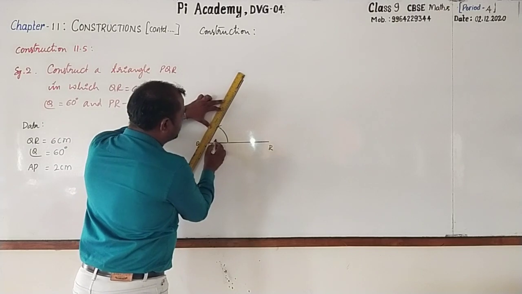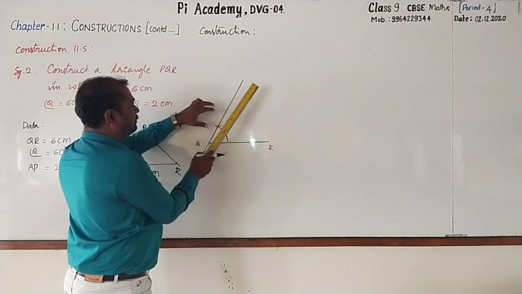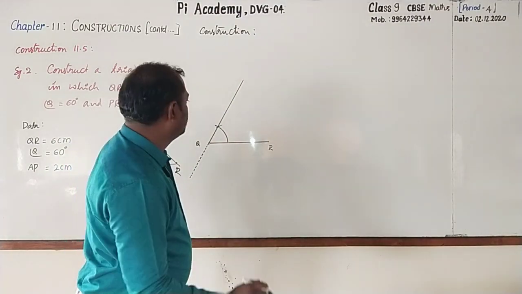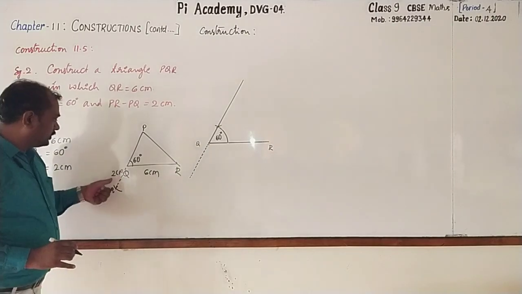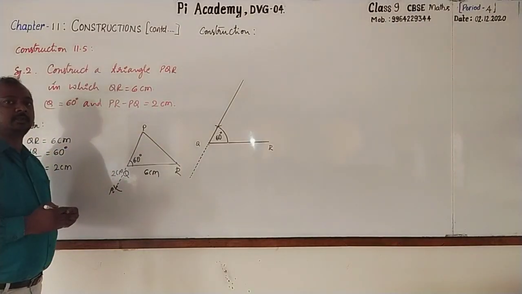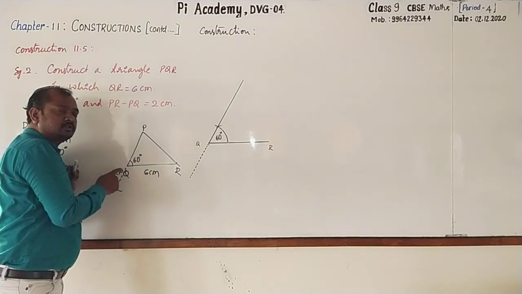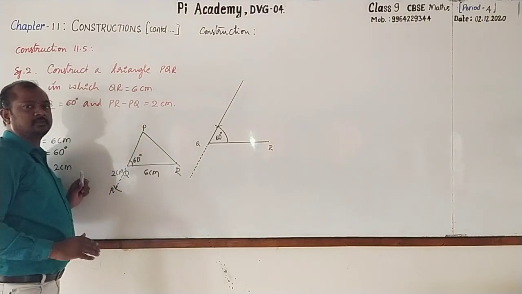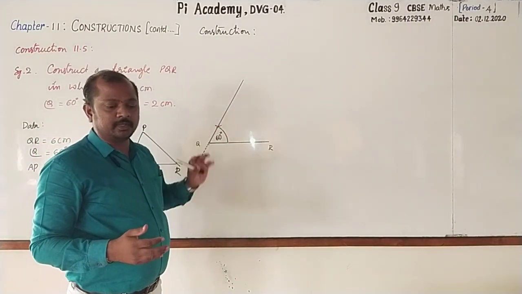Next, you may extend this to some length below the baseline. How much is it? It is 60 degree. Then difference is given. It is 2 cm. As the adjacent side is smaller, the difference should be constructed below the base. If it is greater, then it should be above the baseline.